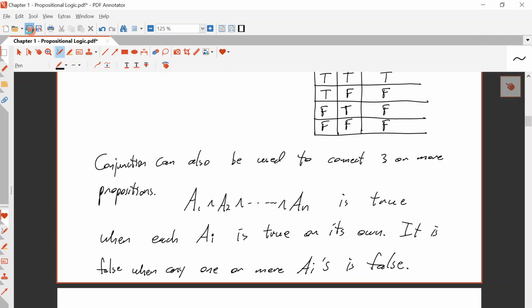So, for example, if I said the sky is blue and the trees are green, and the sky is blue and the leaves are green and the clouds are white and the pavement is black and the frog is purple, right?